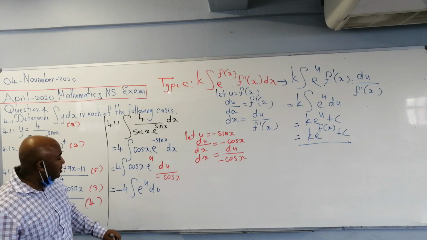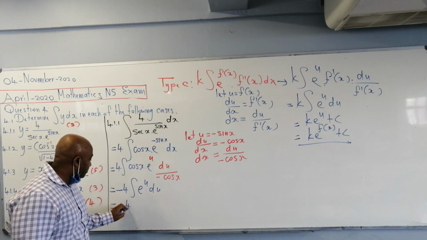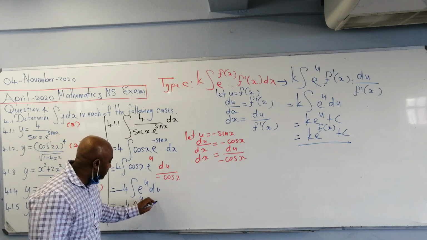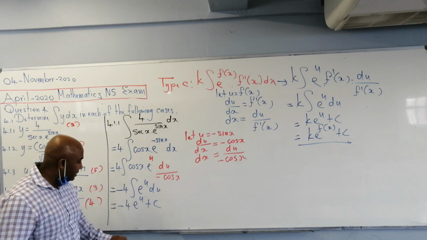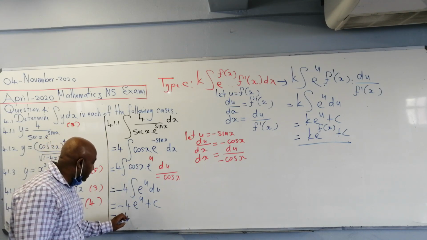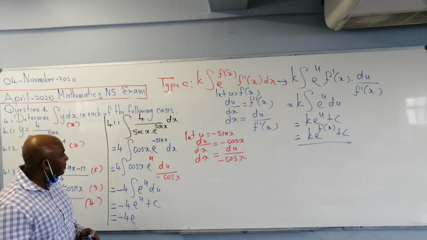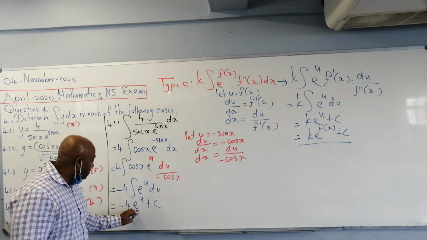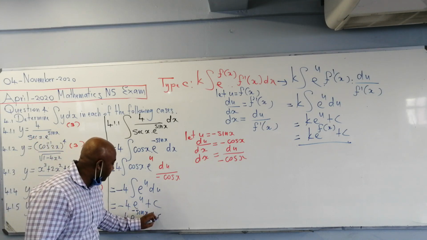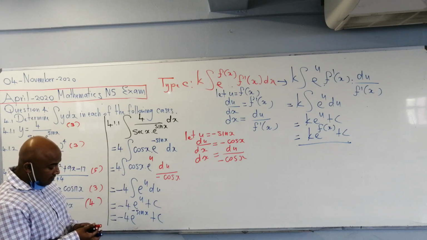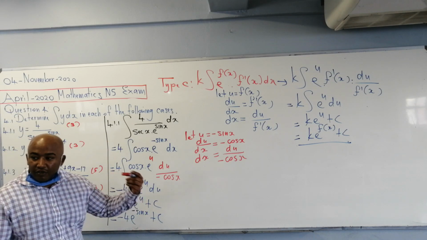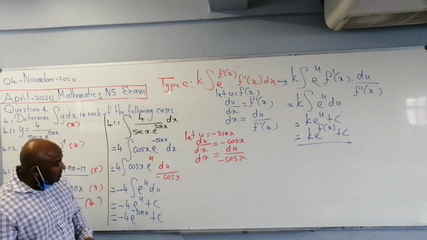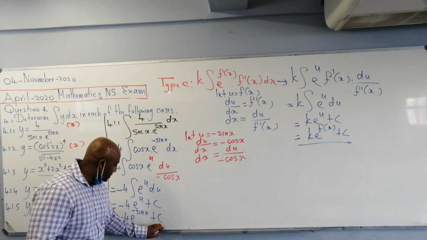So when you integrate e to the power u, it's just e to the power u plus c. Substitute back for u. What was u? u was minus sine x, plus c. So this is done by the method of u substitution. If you know inspection, you can do it. Up to you.